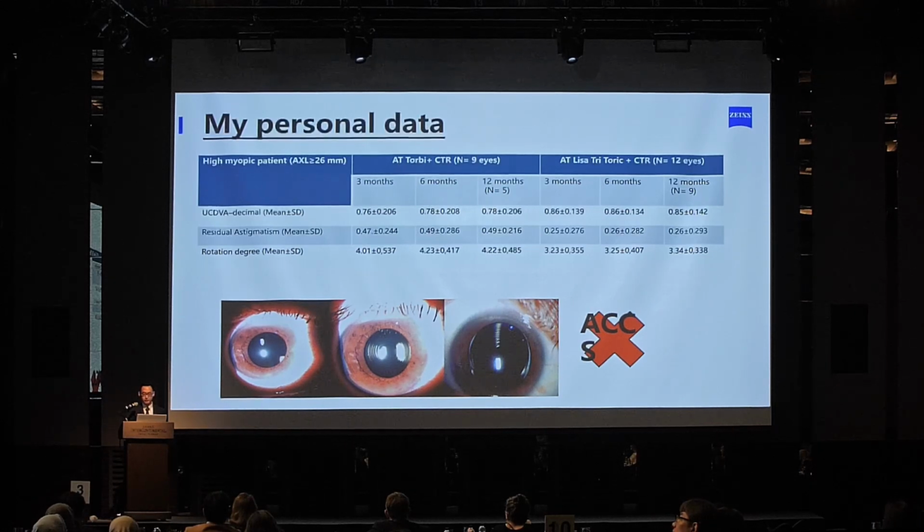And the rotation is also good, below 4 degrees for Editor B and 3 degrees with Atelisa tritoric, despite not having used Callisto before.